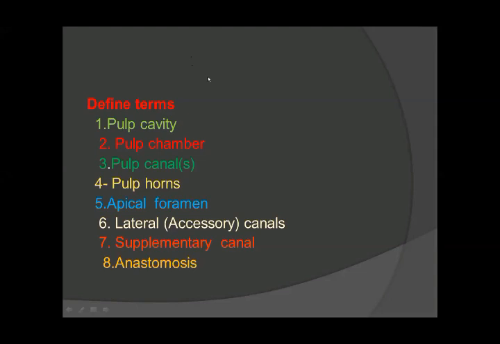What are the pulp horns? Pulp horns are the pointed incisal or occlusal limits of the pulp cavity and pulp chamber.